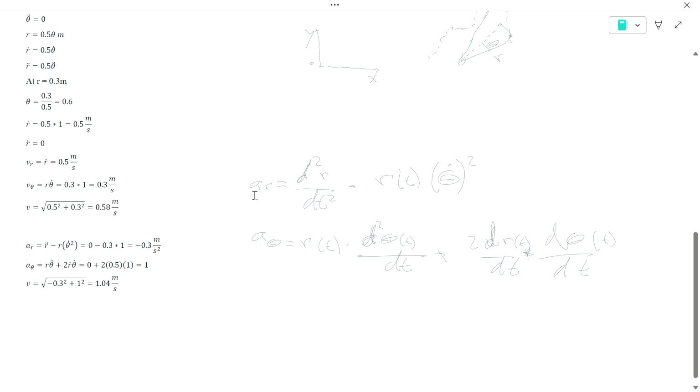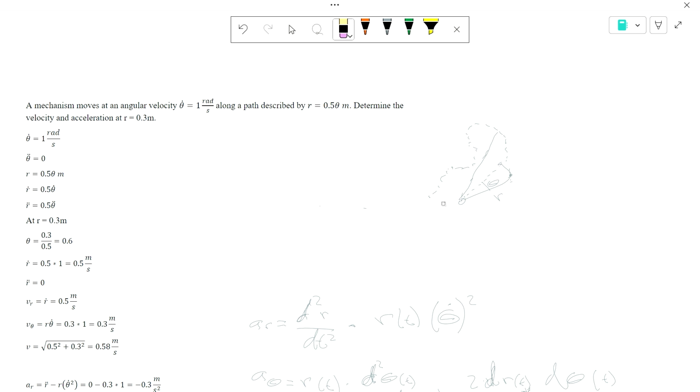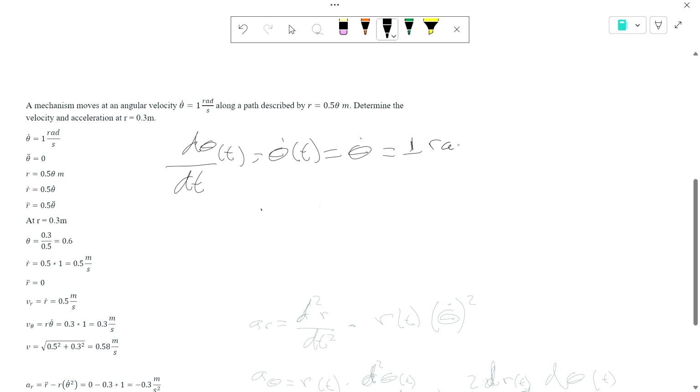So in a case like this, where they give you, let's say, a mechanism like the arm of a robot, or something that is moving in a certain path, let's say something that is moving in a given path has an angular velocity of 1 radian per second.